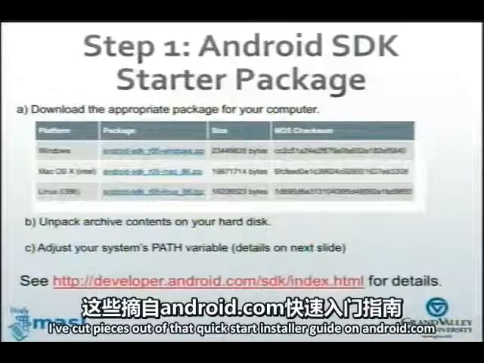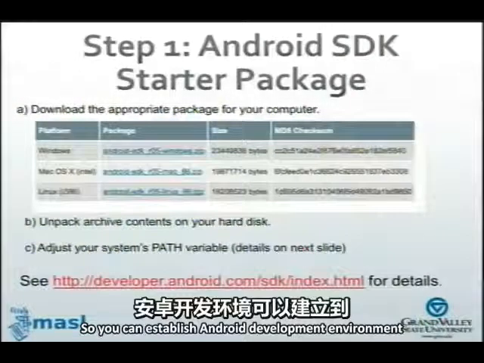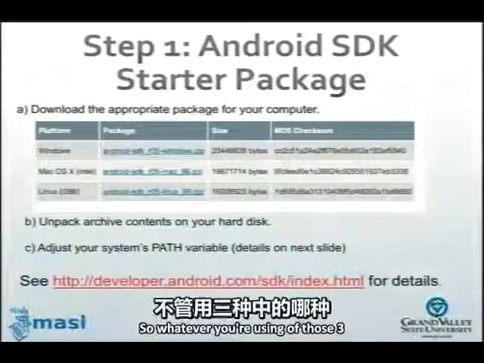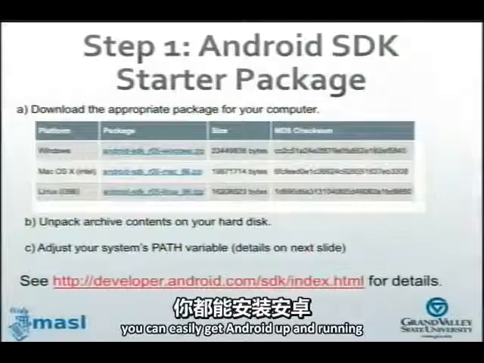And so I've kind of cut pieces out of that quick start installer guide on Android.com. So you can establish an Android development environment on Windows, Mac OS X, or Linux, so it's truly cross-platform. So whatever you're using of those 3, you can easily get Android up and running.